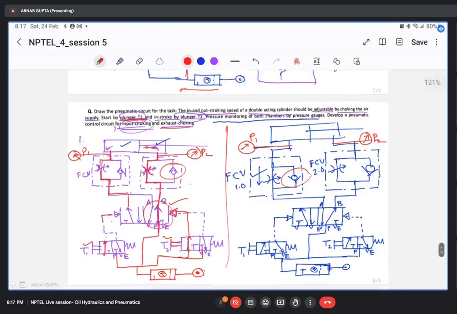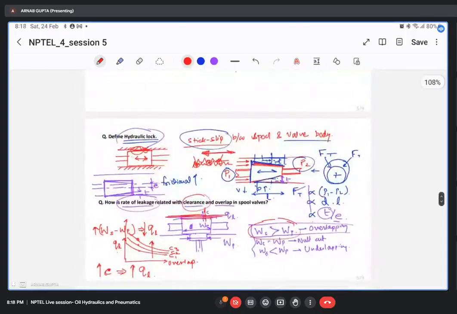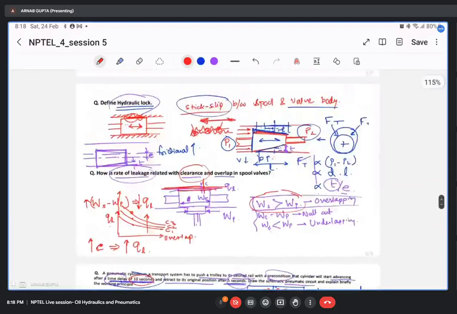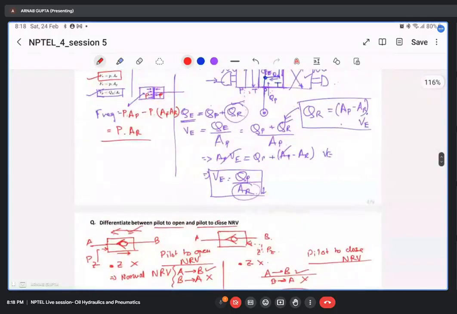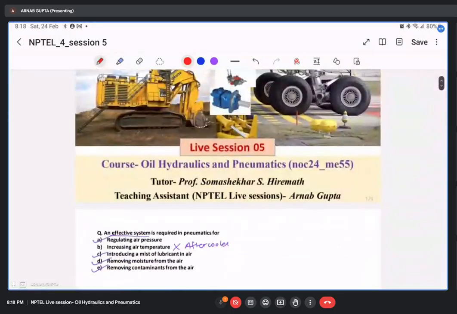The class got extended a little bit today because I started late, and these circuits are a little bit tricky. You need to be careful while drawing them. I would encourage you to practice more such pneumatic circuits for different applications.